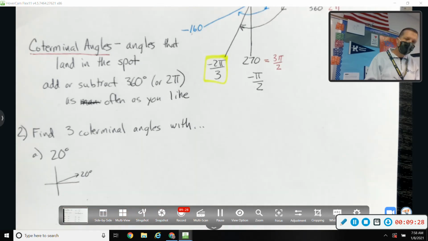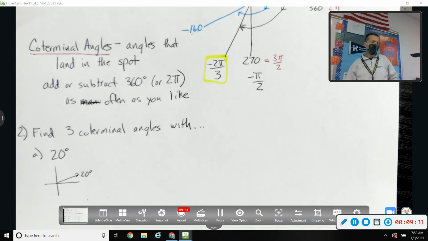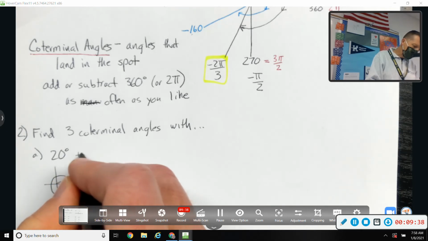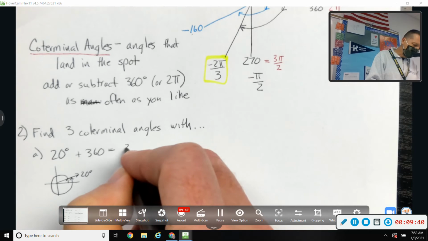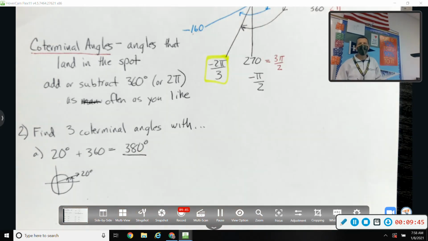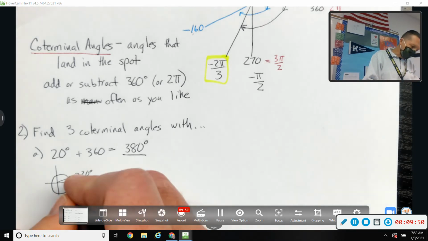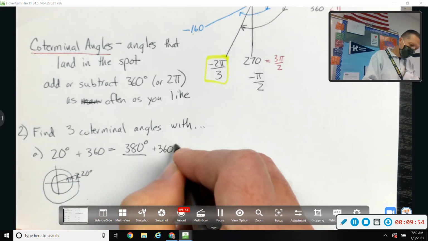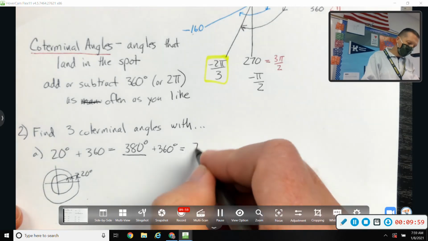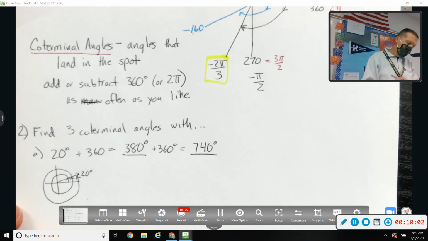there's 20 degrees. And if I spin around another 360 on that, I would get to 380. So there's one of my answers, 380 degrees. And then if I spun around another 360 degrees, let's see, that would be 740.